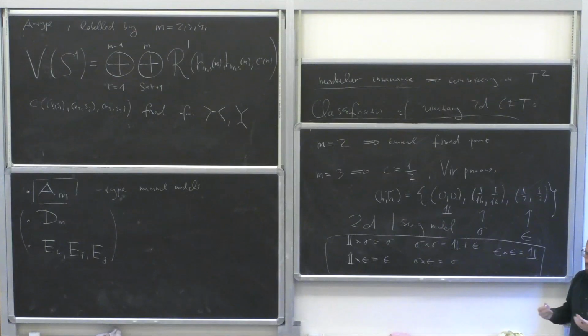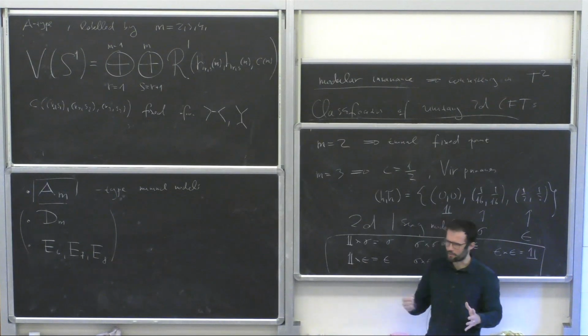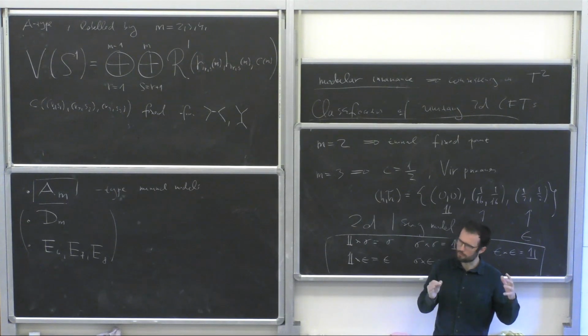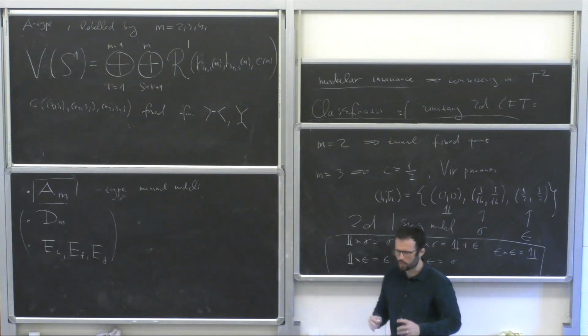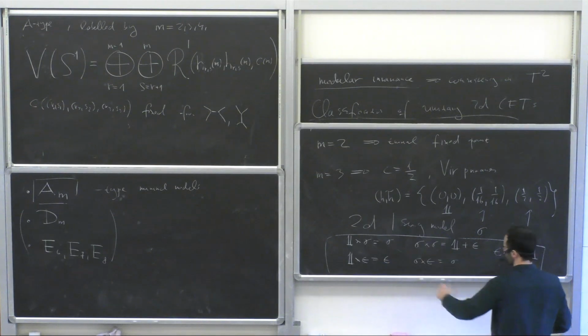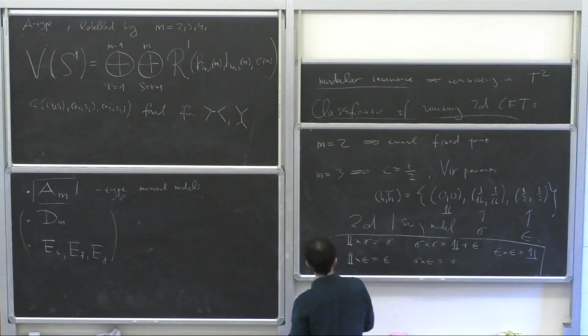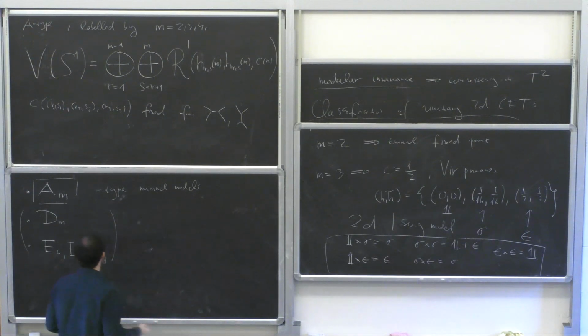So without any null vector equations, anything is allowed, like any three Virasoro. So for C greater than 1, any three H1, H2, H3 have an allowed 3-point function. For C between 0 and 1, this is no longer the case. There are extra selection rules coming from null vectors.